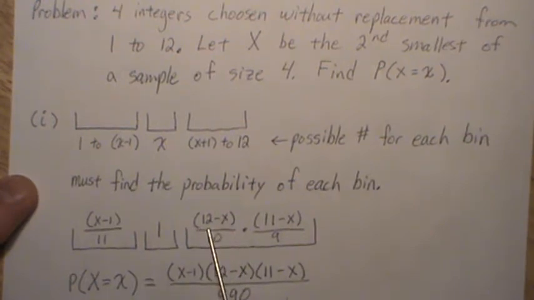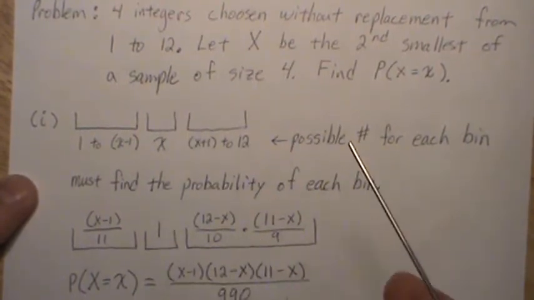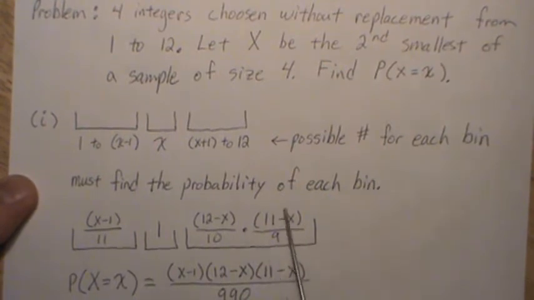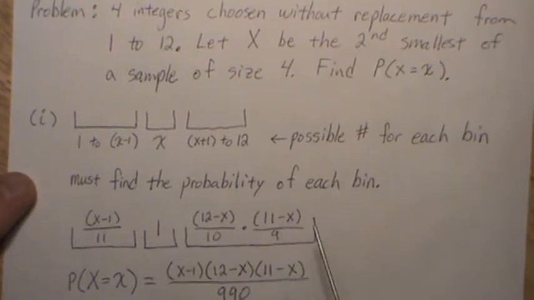Once that's chosen, there are only 9 numbers left, right? We have 1 here, 1 here, 1 here, and there are 11 minus x that are larger than x. So the probability of picking this one is 11 minus x over 9.